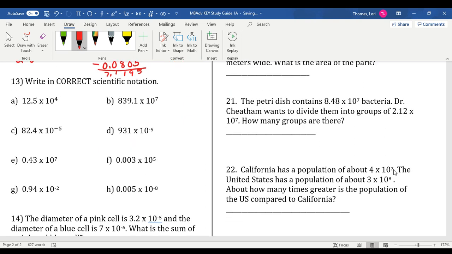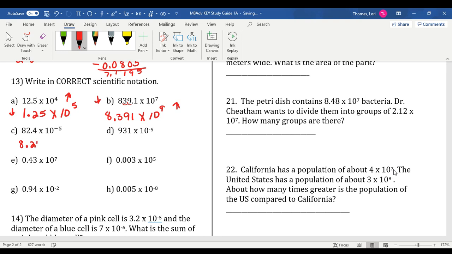Okay, we're just going to make adjustments. This is going to be 1.25 times 10, so I went down. We're going to go up, and so that's going to be the fifth. Here we're going to have 8.391 times 10. So this time I went down, I had to move it 1 and 2, so I'm going to go up 2 to 9.